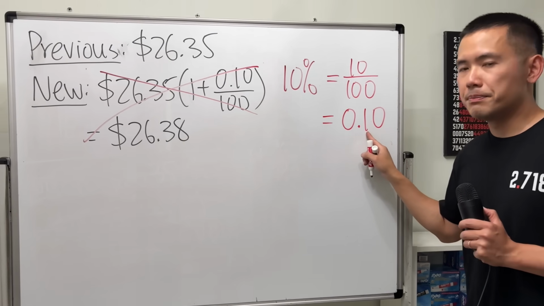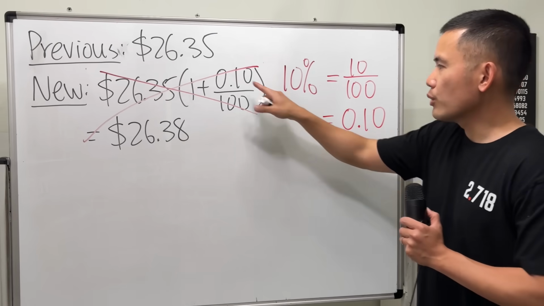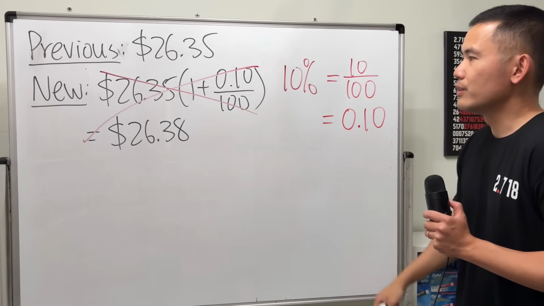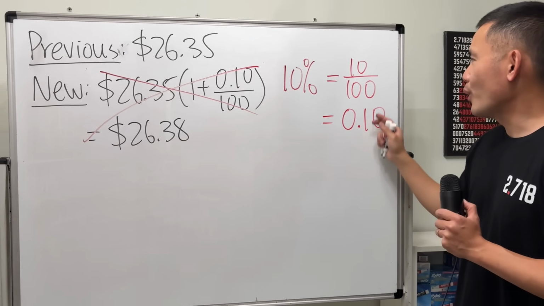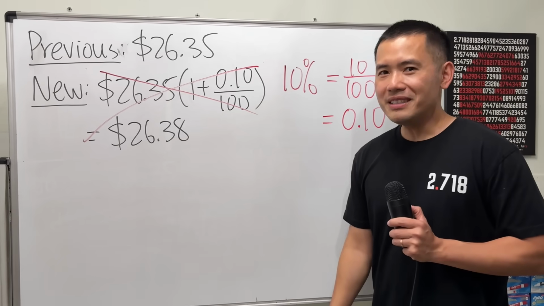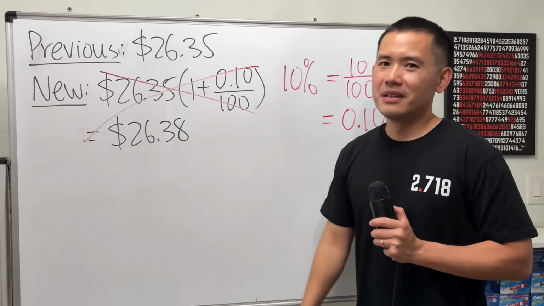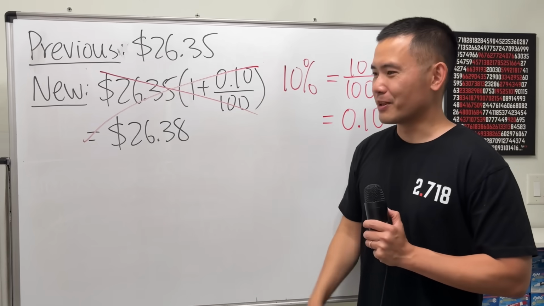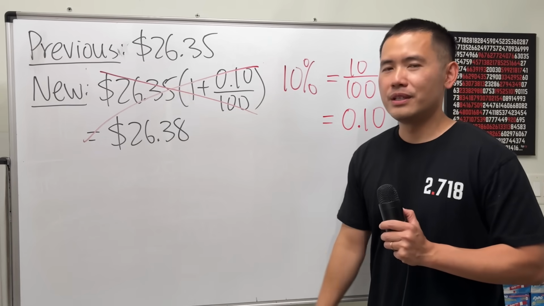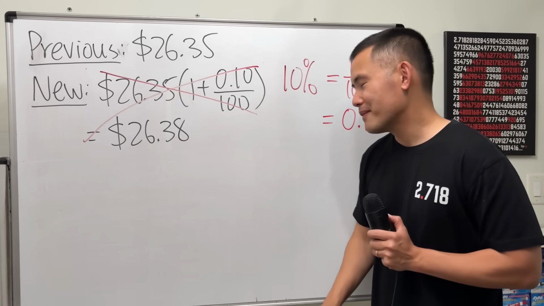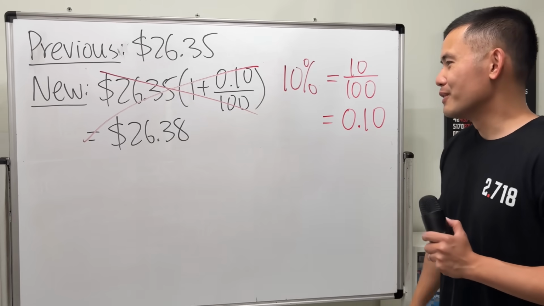The 1 in the tenths place. You can also put 0.1 right here. That would be fine too. But don't do both, like 0.10 over 100. Because otherwise, this thing right here computes, just like how this person says it, 10% of the increase.